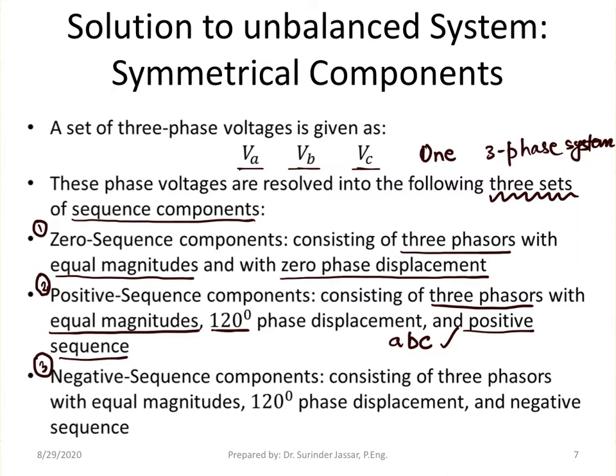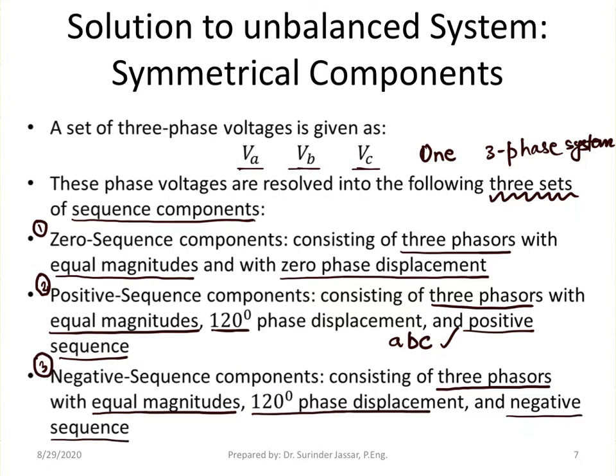Okay. The third set of sequence components is called the negative sequence component. Again, it consists of three phasors, again with equal amplitudes, again with a phase displacement of 120 degrees, but now it has the negative sequence.